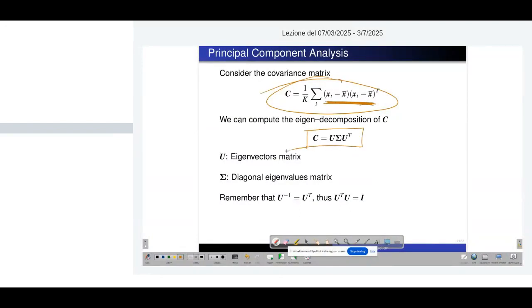First step, we compute the eigendecomposition of the covariance matrix.